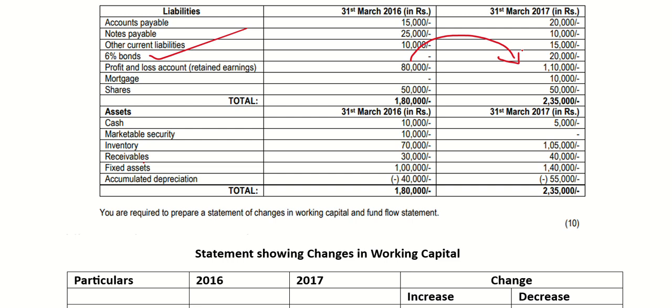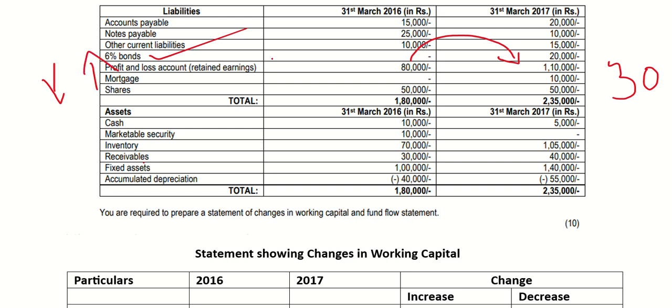It is very clear there happened an increase of 30,000 rupees. Now the logical reasoning is whether this caused a cash inflow to the business or a cash outflow to the business.